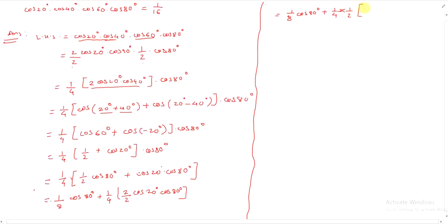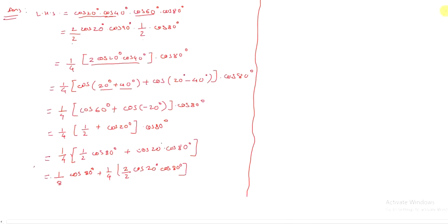And 2 cos 20 degree cos 80 degree can be written as cos of 20 degree plus 80 degree plus cos of 20 degree minus 80 degree, isn't it?